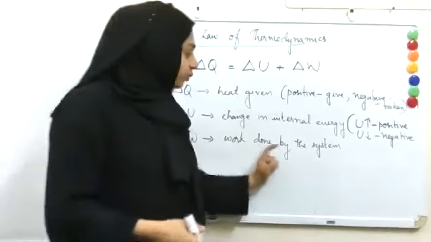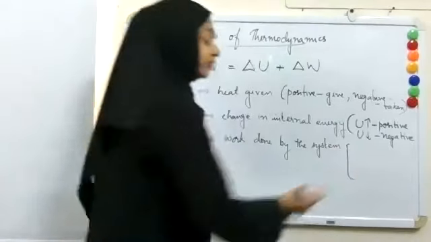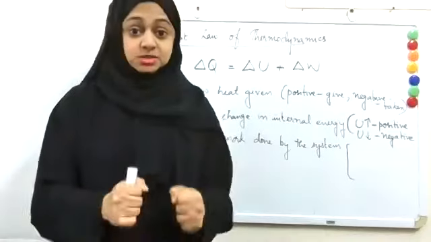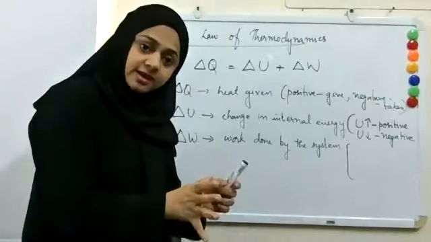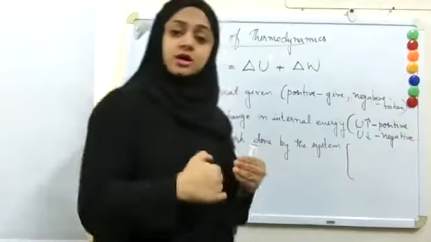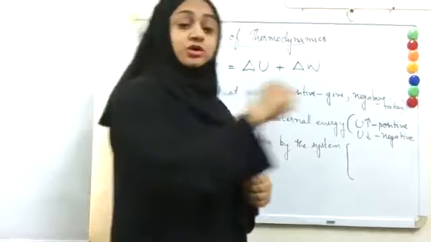So what about the work done? If the work is done by the system where we give the energy. So if you are heating a gas and the gas is pushing a piston out, work is done by the gas on the surroundings.